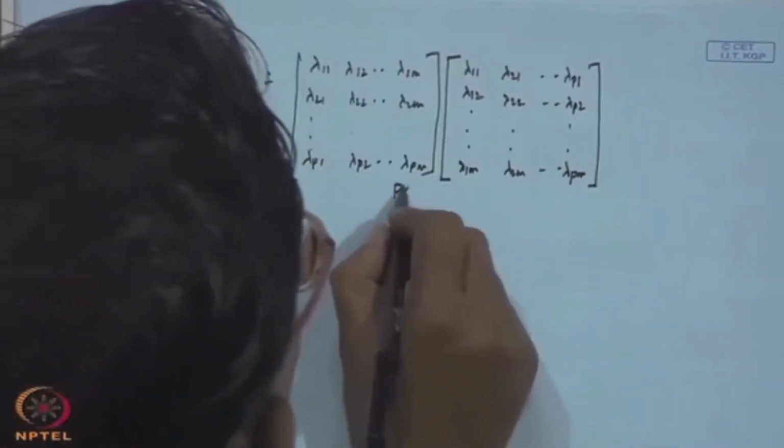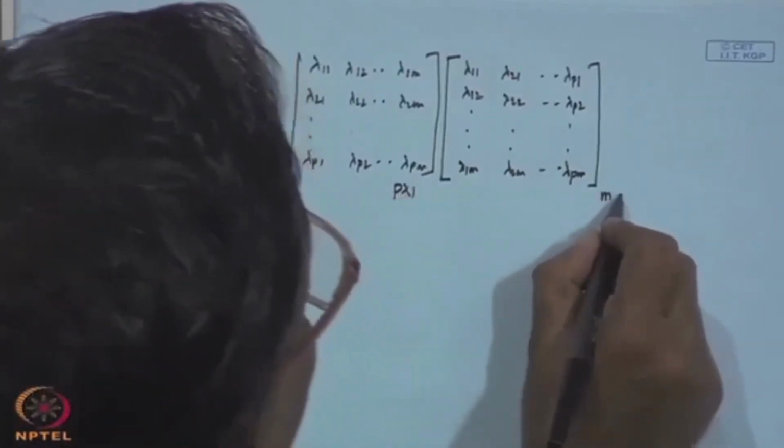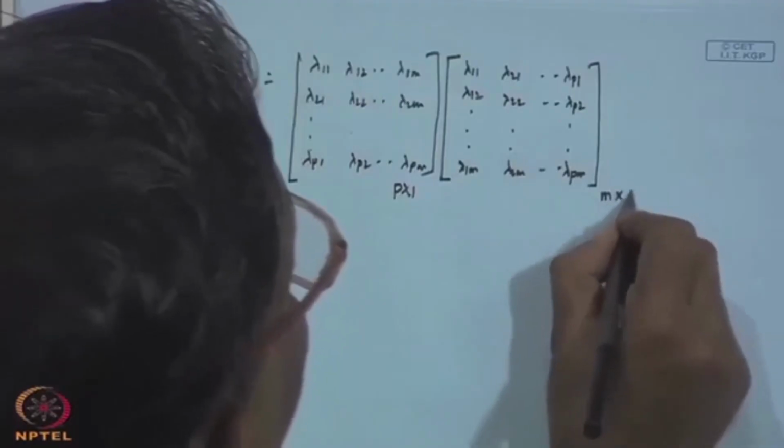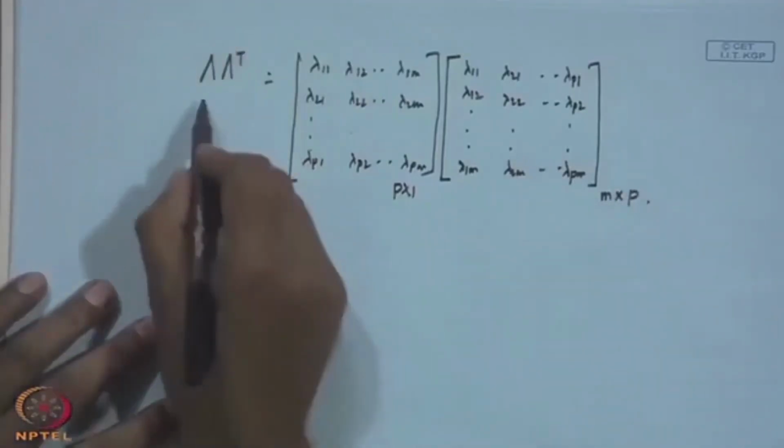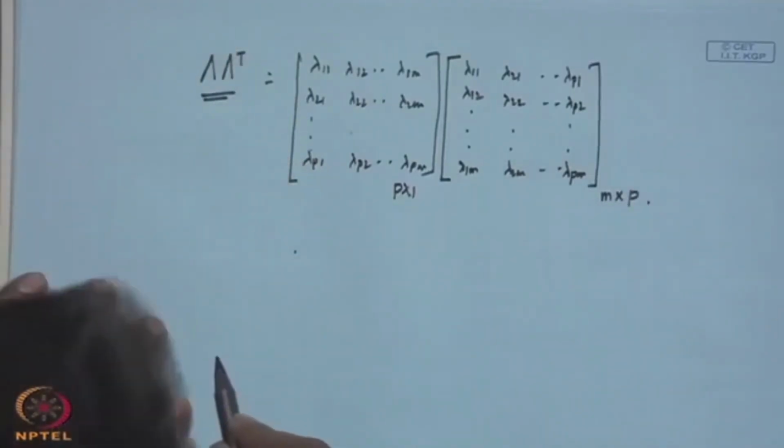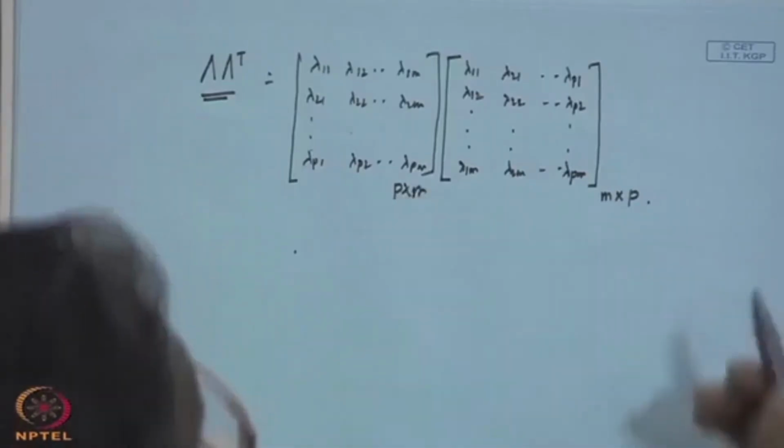This is p cross m, this is now m cross p, and you must get p cross p.